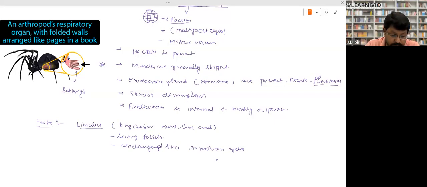Please note it down. Limulus is known as the king crab.